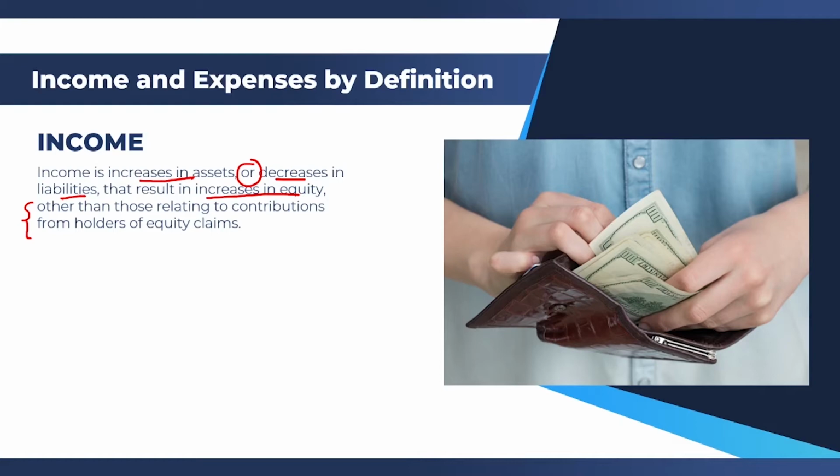If we are going to visualize the definition of the conceptual framework, income represents the following movements: increases in assets, decreases in liabilities.